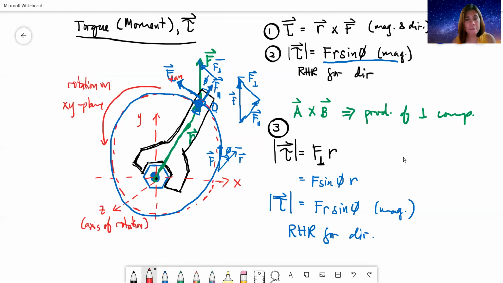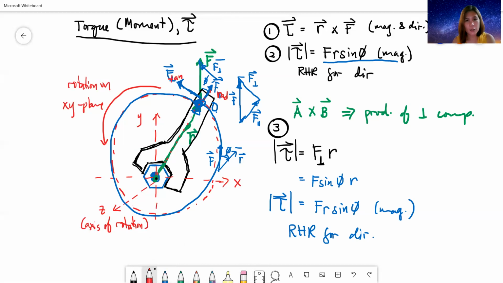And then F parallel earlier, since it's now along the radius of the circle, will now be called F radial. So F radial, its function, if you remember, is to change the direction of motion. Whereas F tangential here has the ability to either speed up or slow down the rotation.